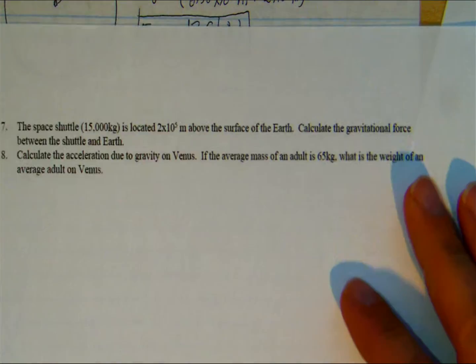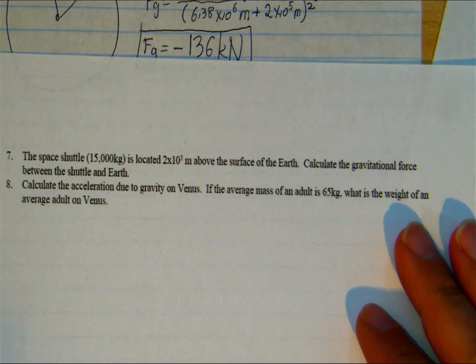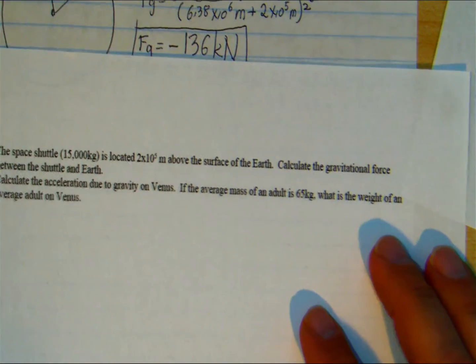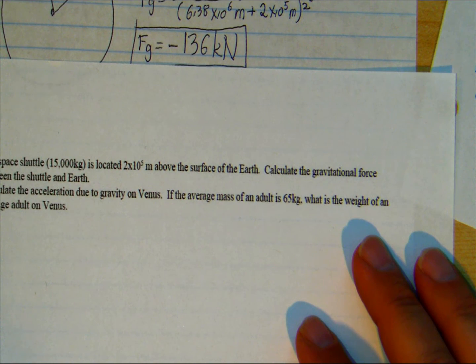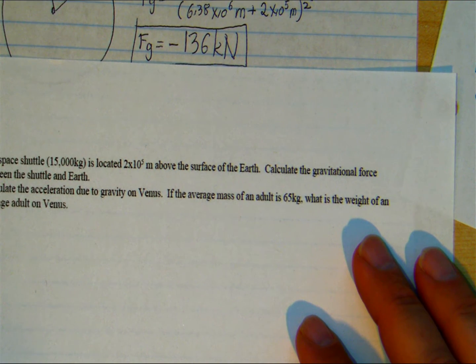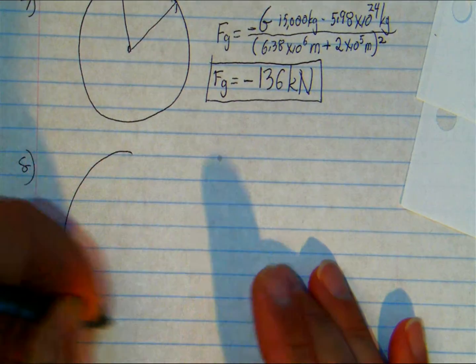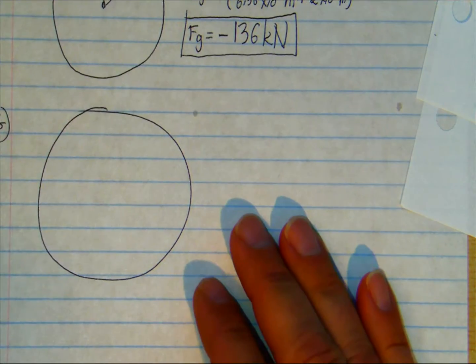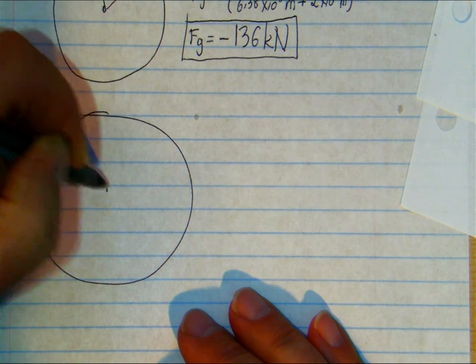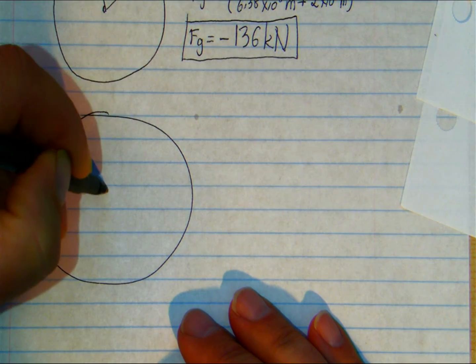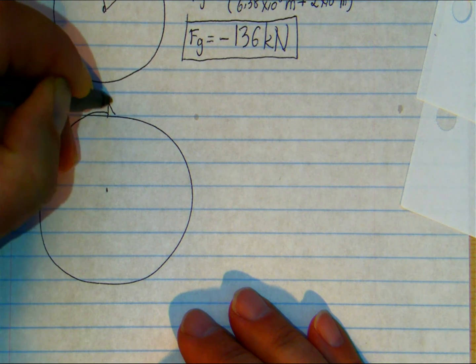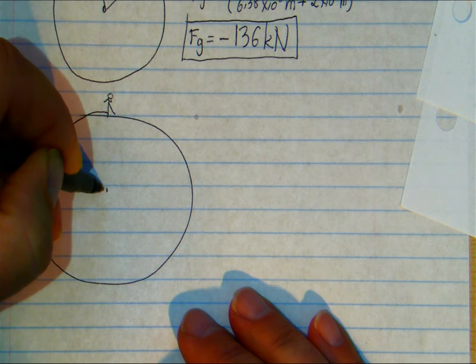Number 8, calculate the acceleration due to gravity on Venus. This one is already done on the previous video, but here it is again. If the average mass of an adult is 65 kilograms, what is the weight of an average adult on Venus? Well, so let's go to Venus. When you're on Venus, there you are, standing on Venus.